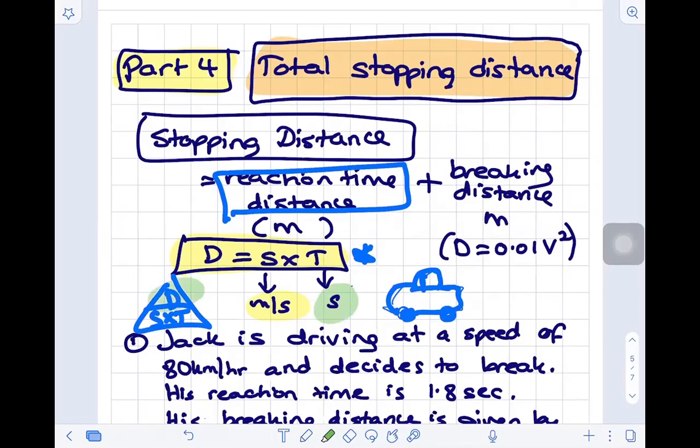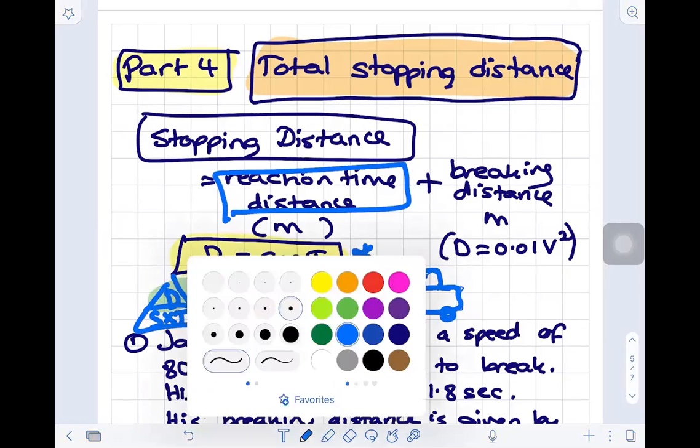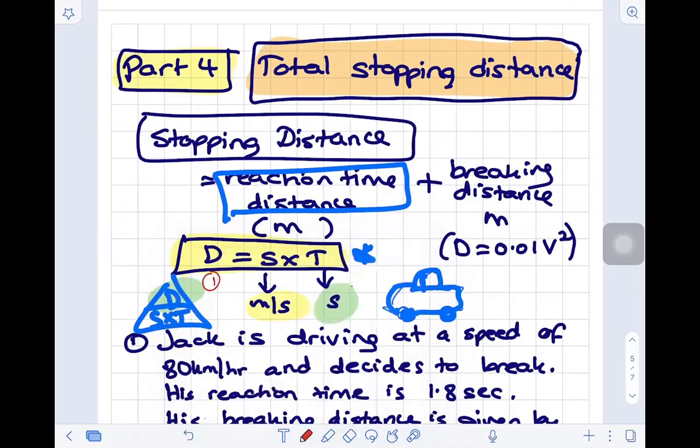You want the distance. So first of all, you change the speed to meters, so you times by 1,000, divide by 60 and 60 to get it in meters per second, and then you just times by your reaction time.